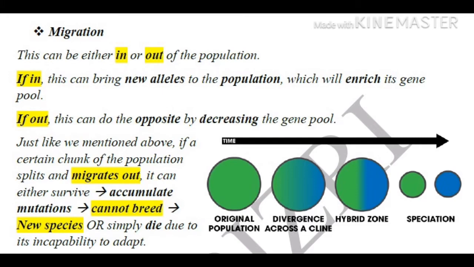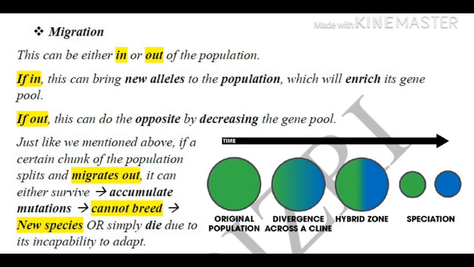Now, I'd like to dive into this a little bit more. Let's assume we've got a certain population, and it splits into two different parts. Half of them went to location X, and half of them went to location Y. What happens here is that each population is going to accumulate certain mutations that are different from the other.